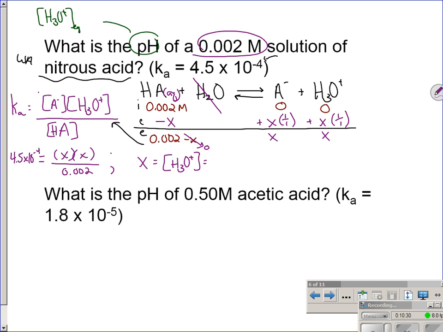4.5 times 10 to the negative 4 times 0.002, that's going to equal x squared. So the square root of that number will give us our answer, 9.4. One significant digit. That's not nice. 9 times 10 to the negative 4. And because it's a concentration, we'll plunk that molarity on there.